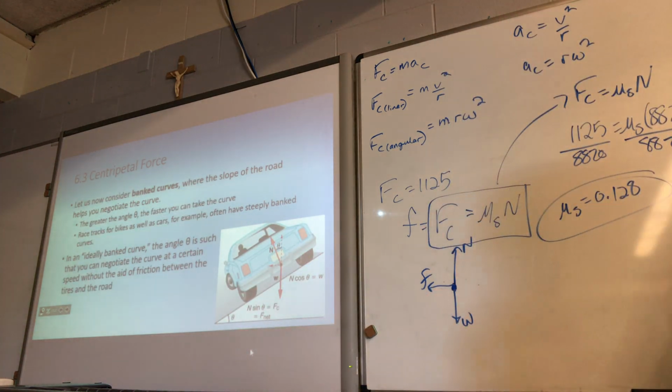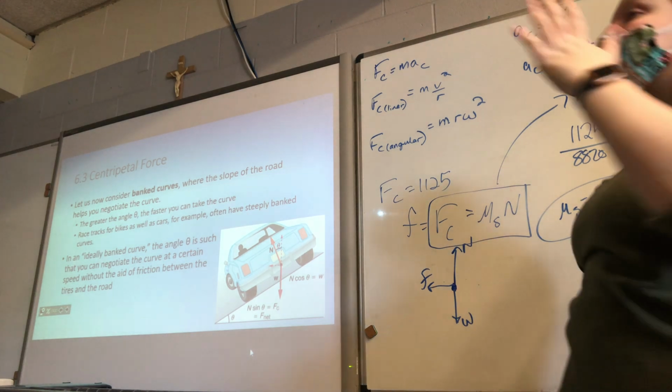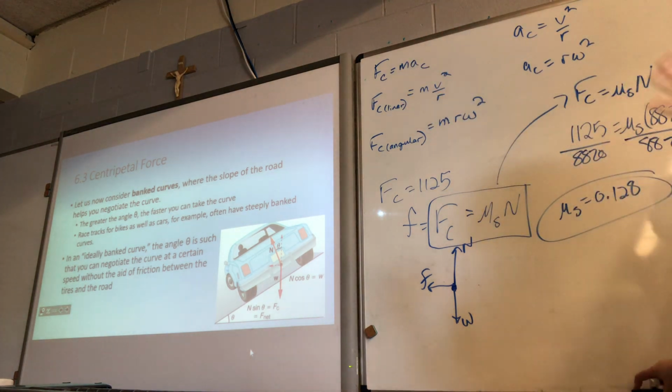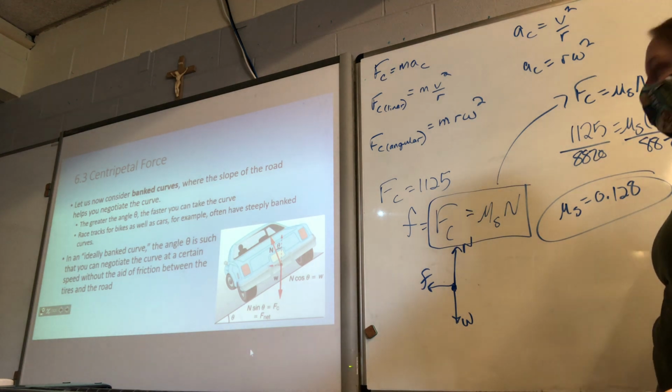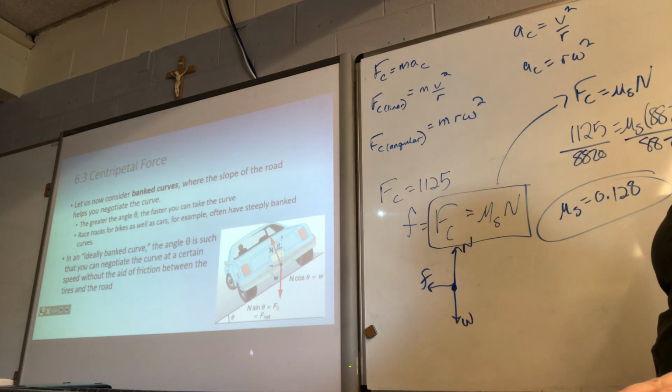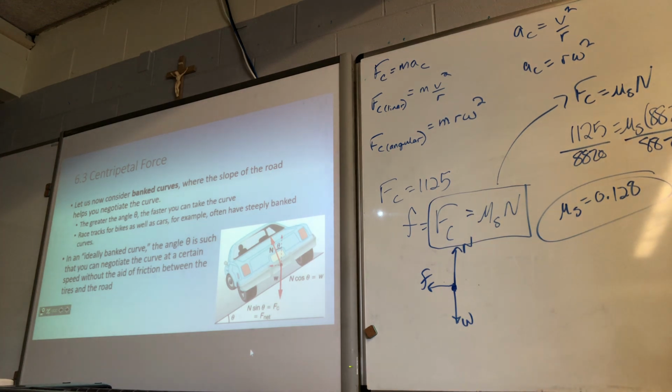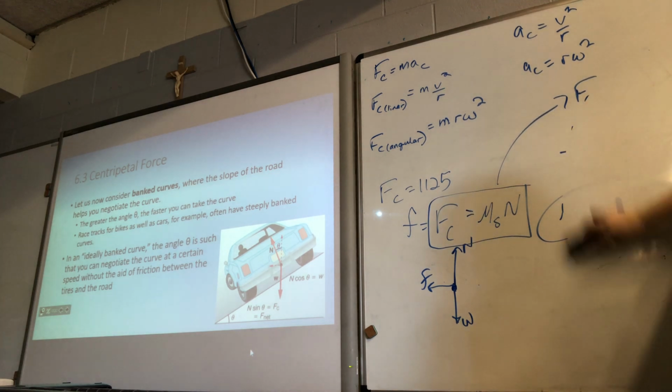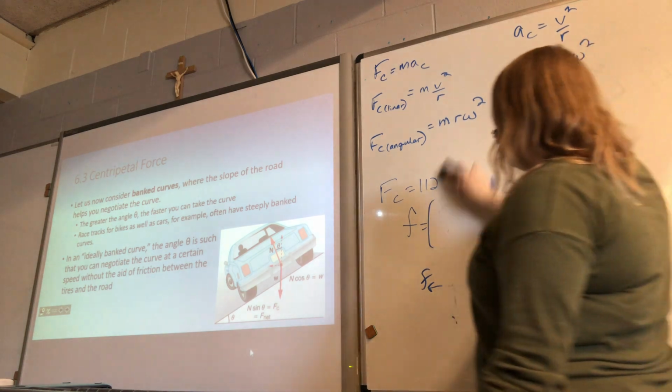Okay, so now let's talk about a banked curve. Again, the only change to what we've just done is our free body diagram. Everything else holds true. I'm going to leave our formulas.